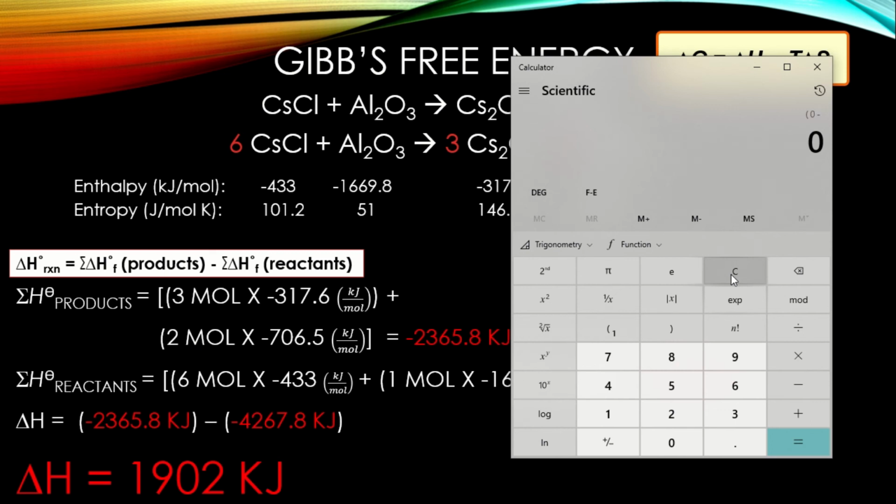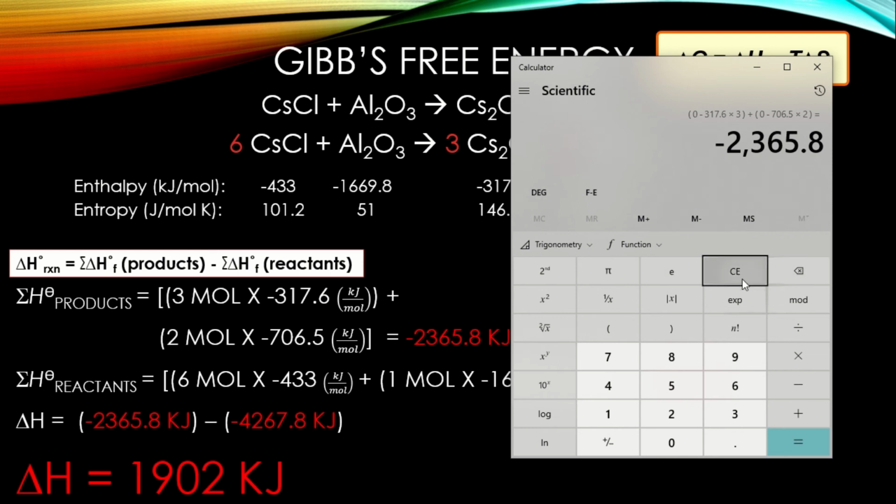This is negative 317.6 times 3, which is the coefficient of the cesium oxide, plus the next substance, 2 moles, negative 706.5 times 2. So that means our change in enthalpy of formation for the product is negative 2,365.8 kilojoules.